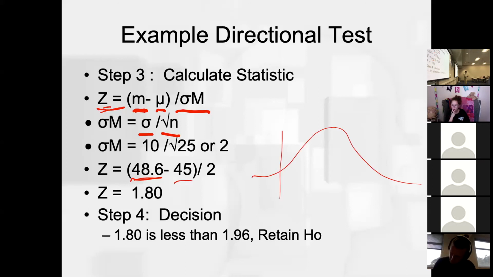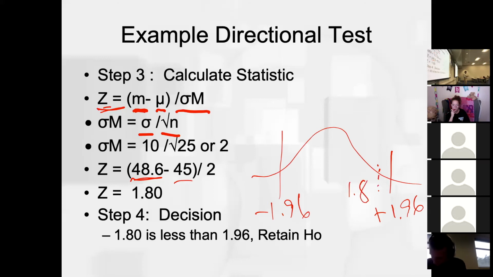So we had our cutoffs at negative 1.96, positive 1.96, and our actual value for our sample came in at 1.8. So we failed to reject the null hypothesis, or we retain the null hypothesis in this case. So even though there was a 3.5-point difference, we're saying that that is not sufficiently big to lead us to believe that this actually had an effect.